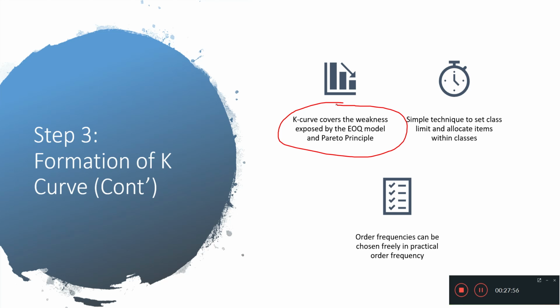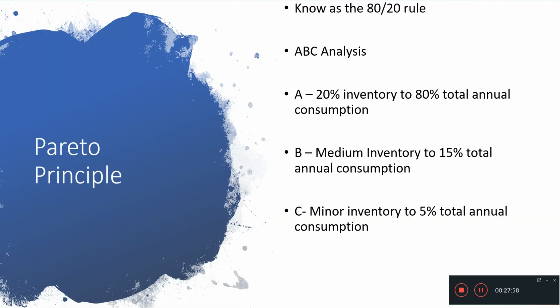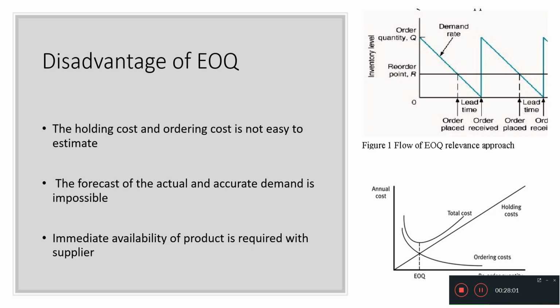If you can recall, EOQ takes into consideration only one holding cost and only one ordering cost, which is not easy to estimate for all products. It depends on your number of orders, the quantity you order, and also on the supplier.